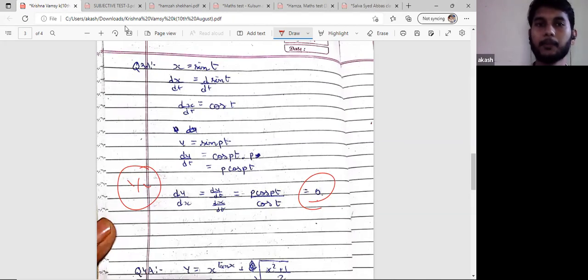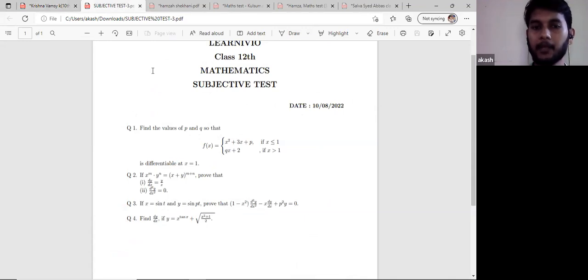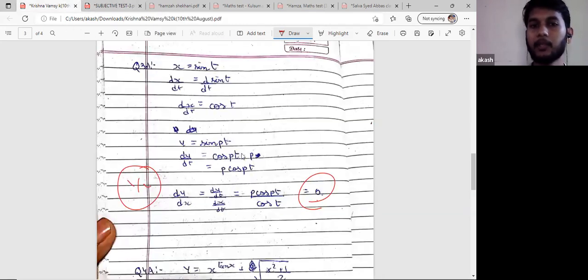The third question was, if x is this, y is this, then prove this, right? What you did? You left the question at dy by dx. Why so?